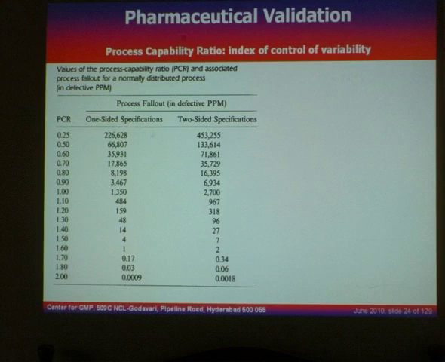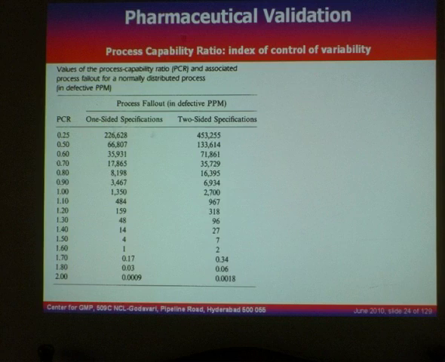If the process capability ratio is less than 1, let us say 0.7, then you have in a one-sided specification as many as 17,865 defectives per million, and in the case of two-sided specifications, 35,729. But if the process capability ratio increases beyond 1 and becomes higher and higher, goes up to let us say 1.5, in a one-sided specification, you will be producing less than 4 defectives per million.